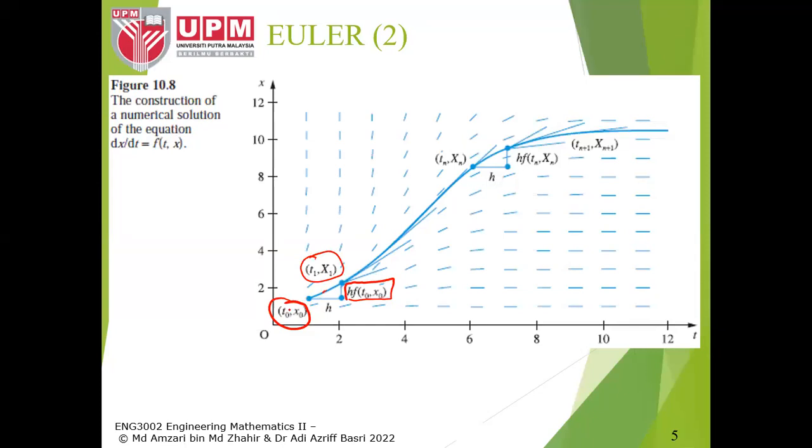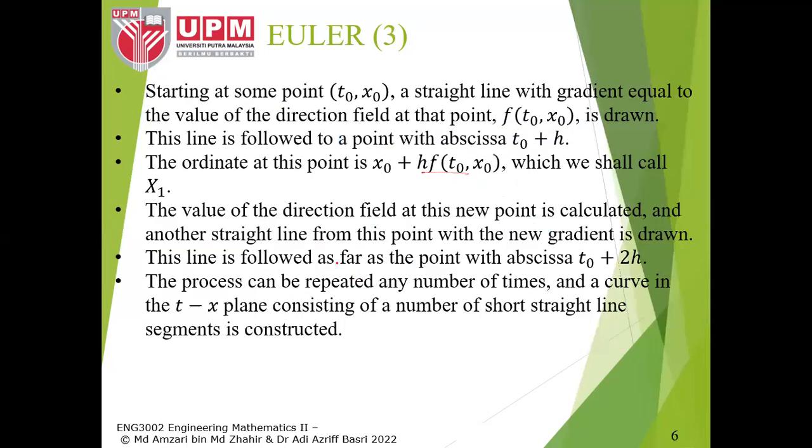So this is the gradient between t node, x node over a distance h of the function f of t node, x node. Then we call it x1 and t1. The line is followed as far as t node plus h, and the process can be repeated any number of times, so the curve of t, x consists of a number of short straight line segments in the construction.